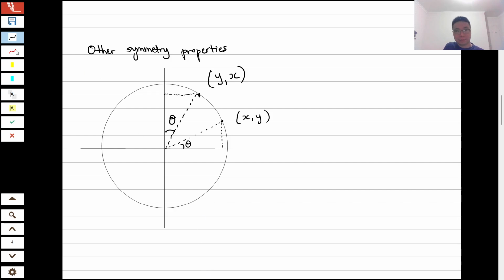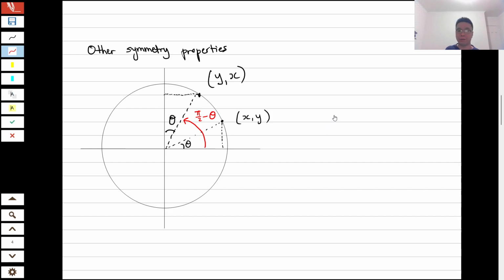Now, the angle that's made counterclockwise from the positive direction of the x-axis, it's now pi on 2 minus theta. Because this angle plus this angle need to add up to the right angle, pi on 2. So this angle in red is pi on 2 minus theta.